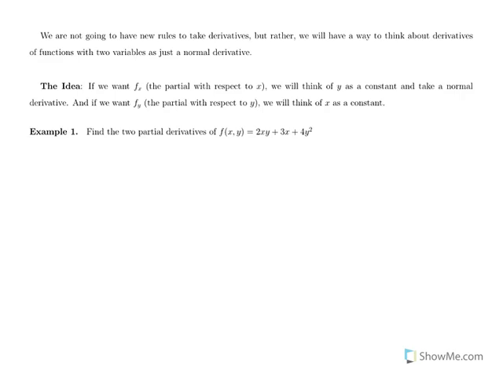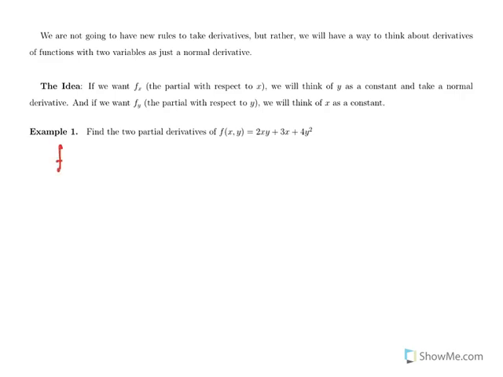All the derivative rules that we're going to do are the exact same that we learned in Calc 1. The power rule, product, chain, quotient, all of those are the exact same thing. So the other new thing is that we have two partial derivatives to do for any function, not just one derivative. So example 1, find the two partial derivatives of f of x y being 2xy plus 3x plus 4y squared.